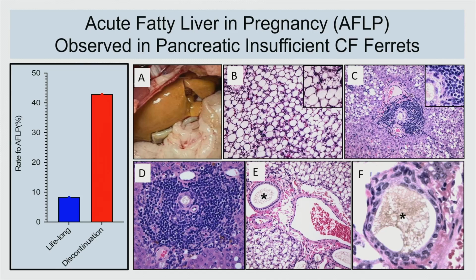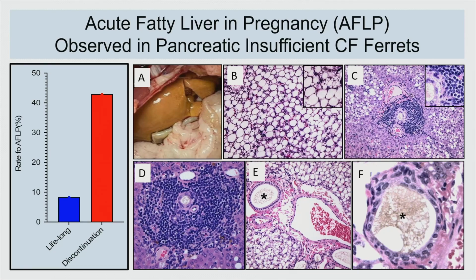We found that of 7 examined animals in the discontinued group, 4 of them developed acute fatty liver in pregnancy, and in the normal group, only 1 of 14 had such disease. In picture A, with the fatty liver disease, they all have a yellow liver.